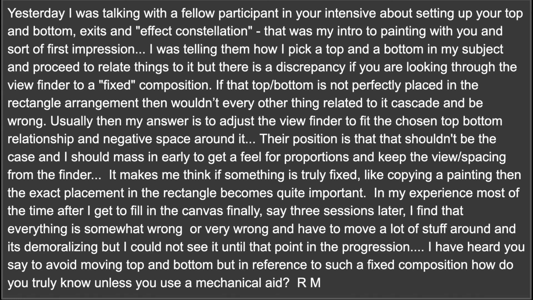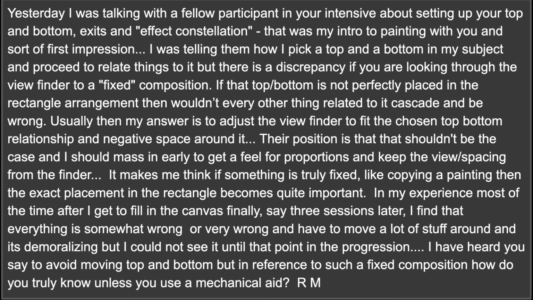If that top bottom is not perfectly placed in the rectangle arrangement, then wouldn't every other thing related to it cascade and be wrong? Usually then, my answer is to adjust the viewfinder to fit the chosen top-bottom relationship and negative space around it. Their position is that that shouldn't be the case, and I should mass in early to get a feel for proportions and keep the view spacing from the finder.